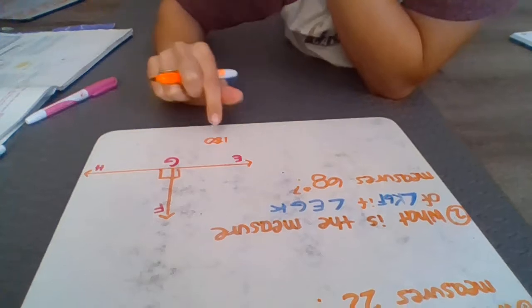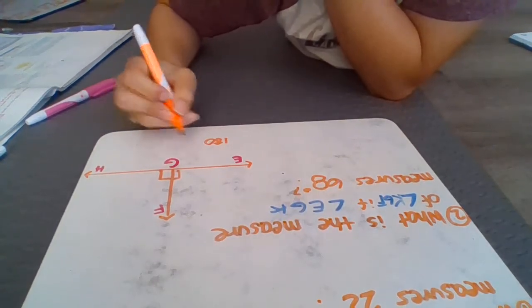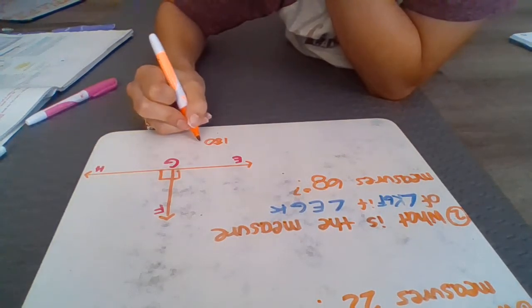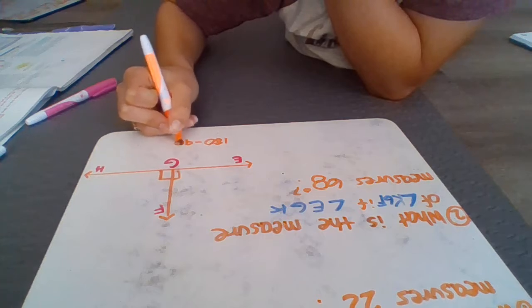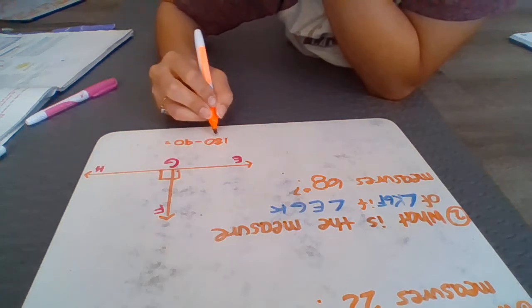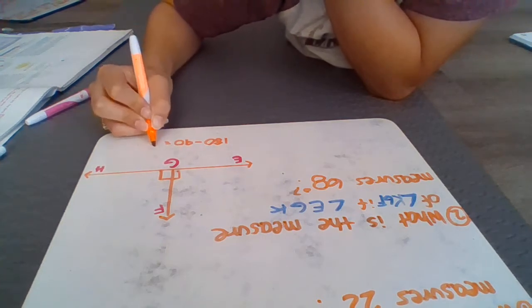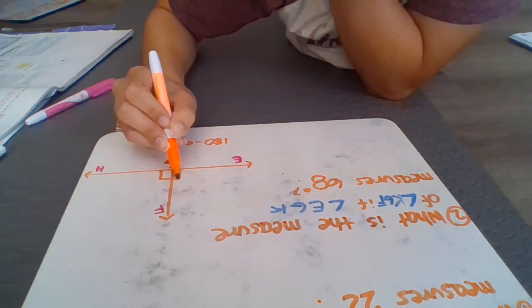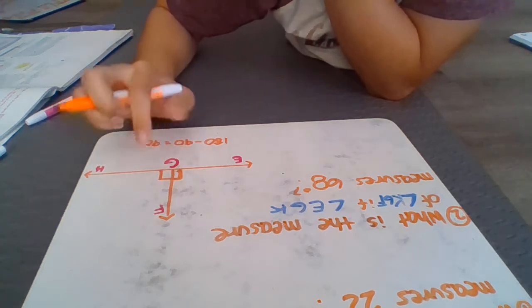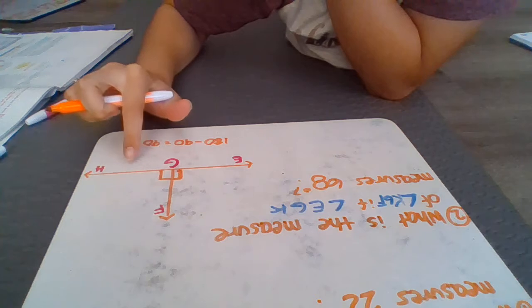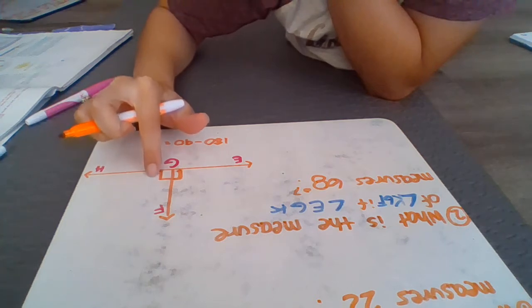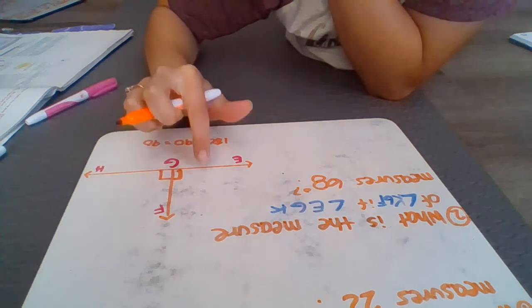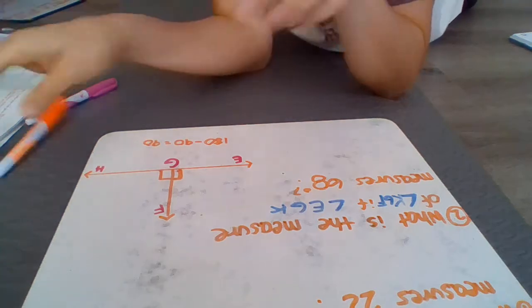Well, let's do the math down here. I have a straight angle that is equal to 180 degrees. I know that this side is 90 degrees, so I'm going to subtract 90 degrees. 180 minus 90 is equal to 90. So it's kind of like part whole. If this whole is 180 and this part is 90, then this missing part has to be 90.